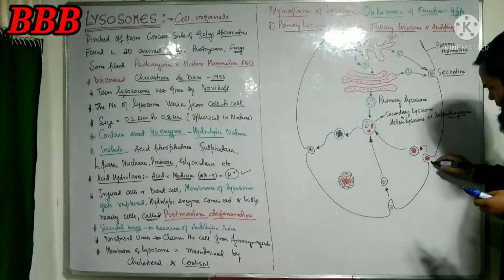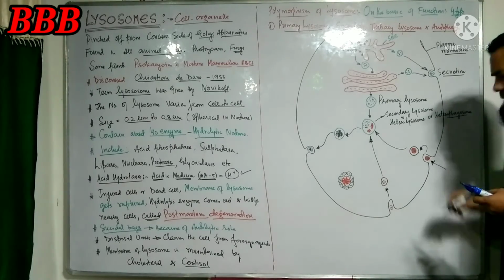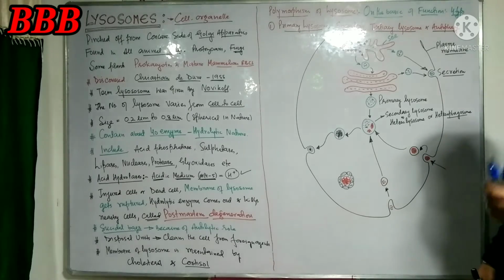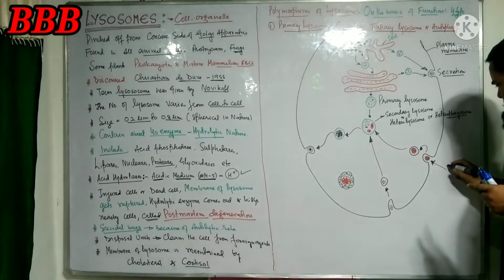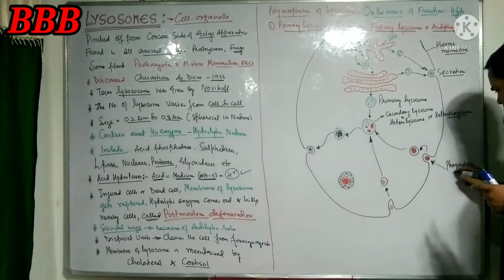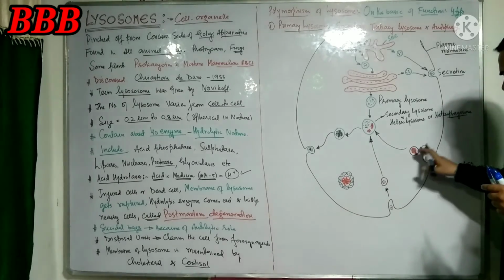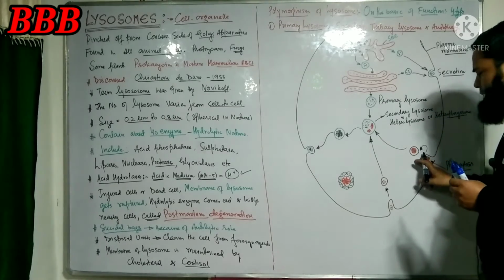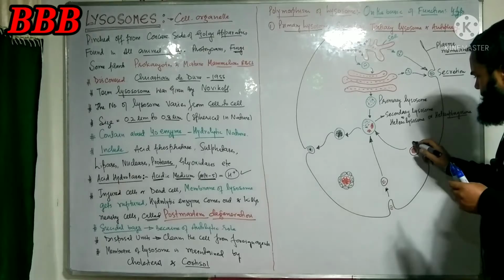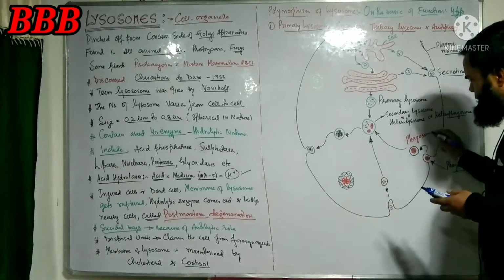First, material goes inside the cell by a process called endocytosis. If this material is solid, the process is called phagocytosis: entry of solid material inside the cell. When it goes inside with a bit of plasma membrane, that is called a phagosome.